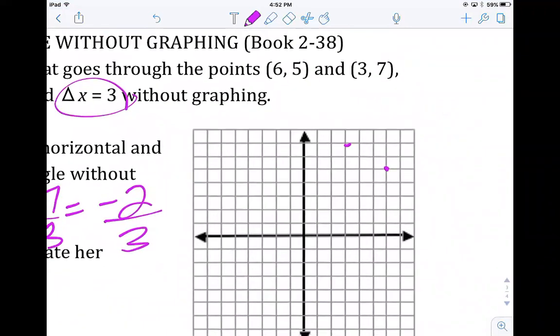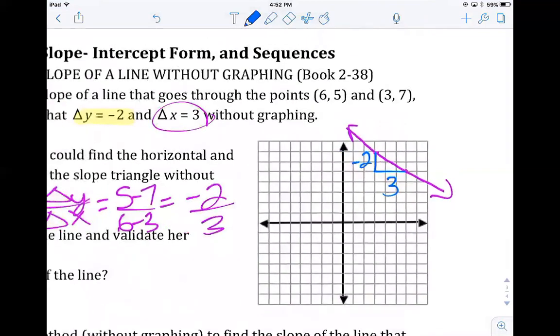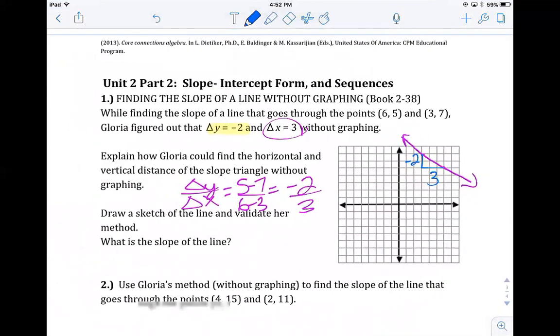And if I draw my line between the 2 of those, and if I do my slope triangle, change colors here, I should be going down 2 blocks and over 3, which is exactly the same thing that we got when we used the formula.